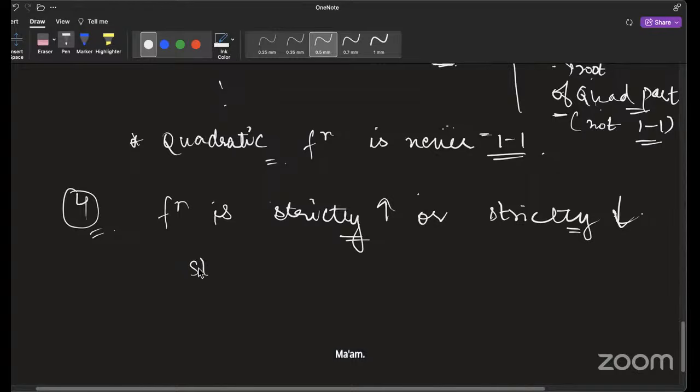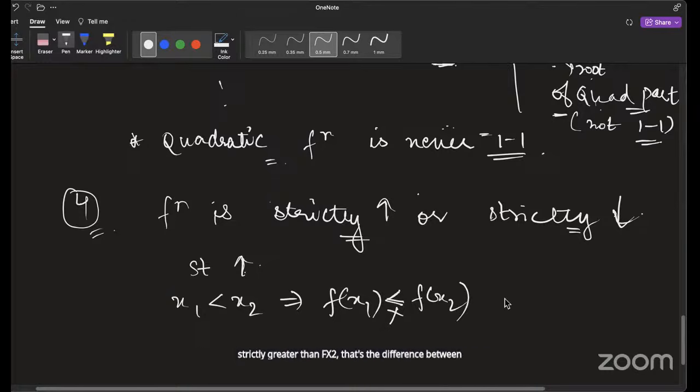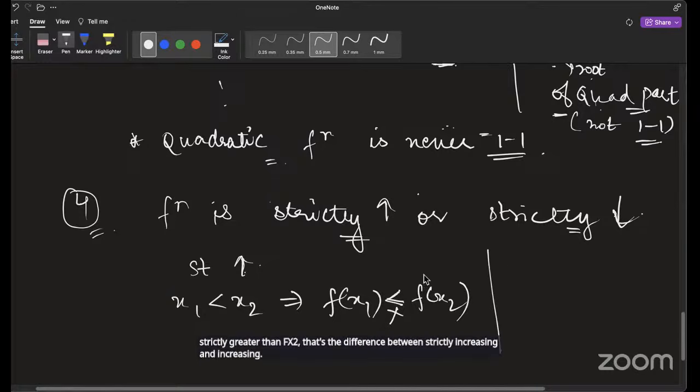If x1 is less than x2, then f of x1 is strictly less than f of x2, not less than or equal to. That's the difference between strictly increasing and increasing. And the same goes for strictly decreasing.